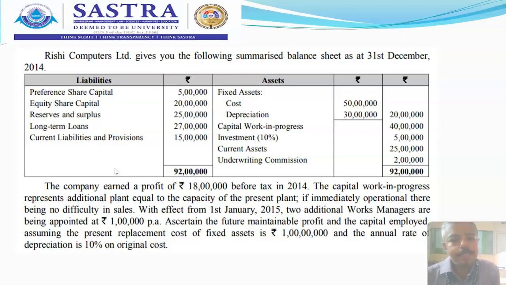Then the 6th method, goodwill by present value of super profit method. So calculate super profit as discussed above, and then goodwill is equal to annuity rate, which is expected and given in the question, multiplied with the super profit. So it always covers the interest part.